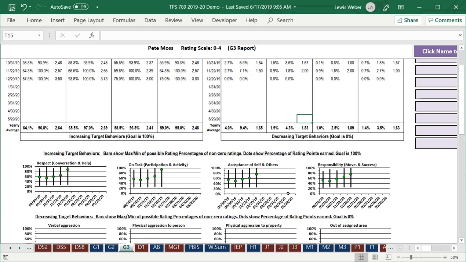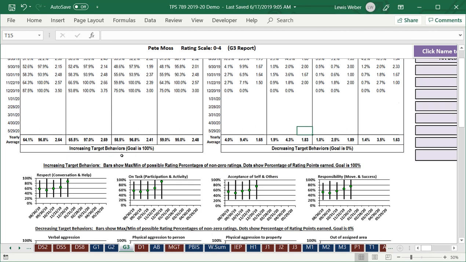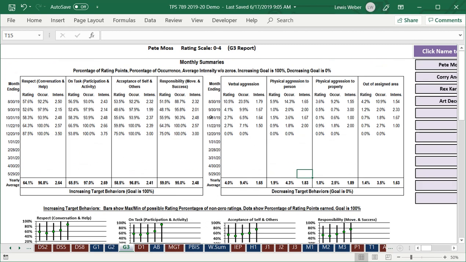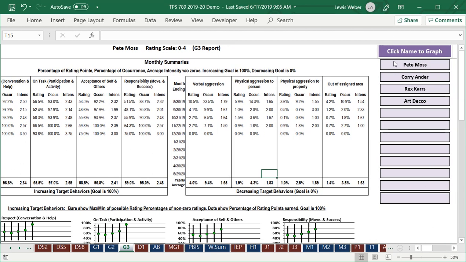Now, these graphs are a little bit more complicated, and I'm going to hold off on talking about the graphs. I really just want to talk about these numbers up here. This is a really helpful, useful way to summarize a student's performance. Now, before we do that, I do want to show you these purple bars at the right here with students' names.